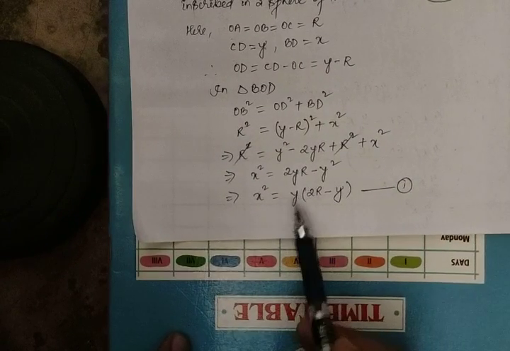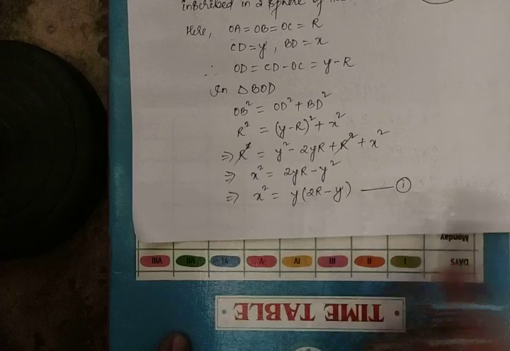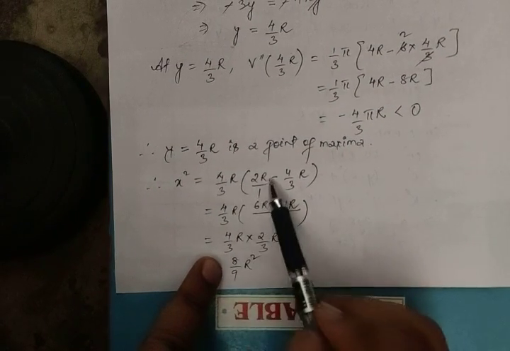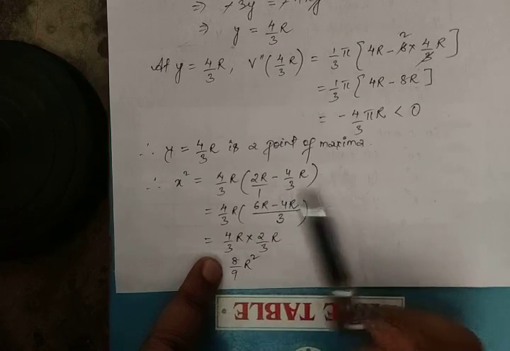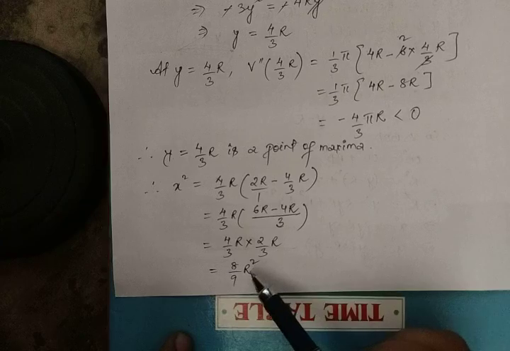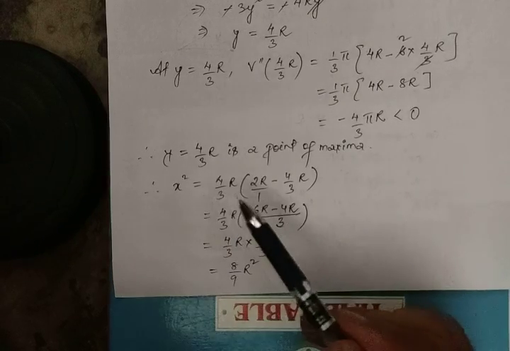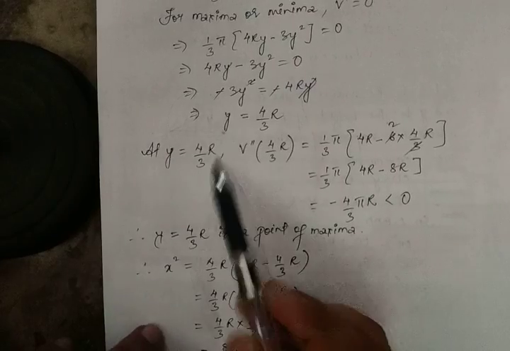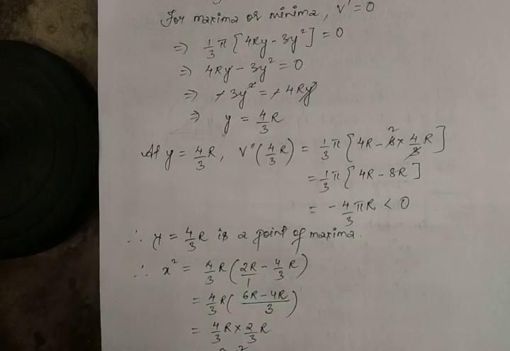So in place of y we'll put the value, that is 4 by 3r into 2r minus 4 by 3r. Here we can take the LCM of 1 and 3, that is 3. After solving you will get 8 by 9 r square. So we got the value of x square, right? Y we've already got, 4 by 3r. So now we'll put in the volume.